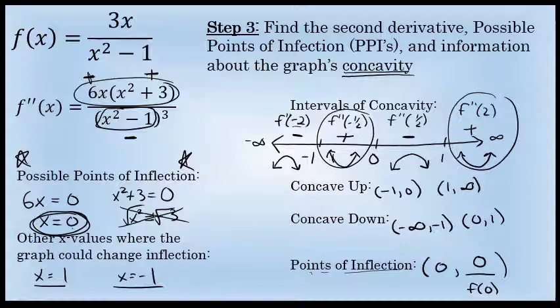So there is a point of inflection on the graph at (0, 0). Now that I know all of the intervals where the graph is increasing and decreasing, I know all of the intervals of concavity, and I even have an additional point of inflection, I have enough information to draw the graph. And that's what I'll do in step 4.